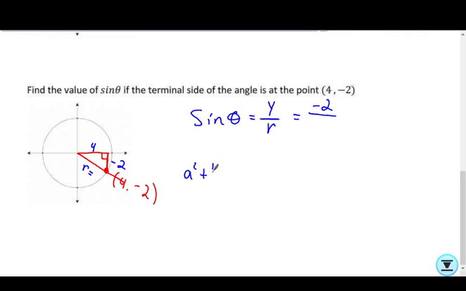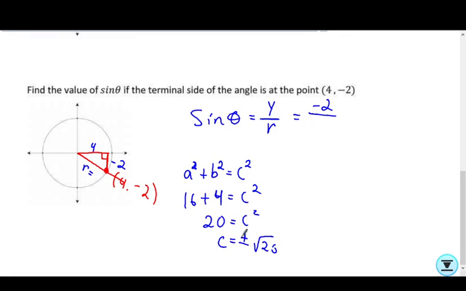A squared plus b squared equals c squared. So this is 16 plus 4 equals c squared, because 4 squared is 16, -2 squared is +4. So 20 equals c squared, which means c equals plus or minus the square root of 20.